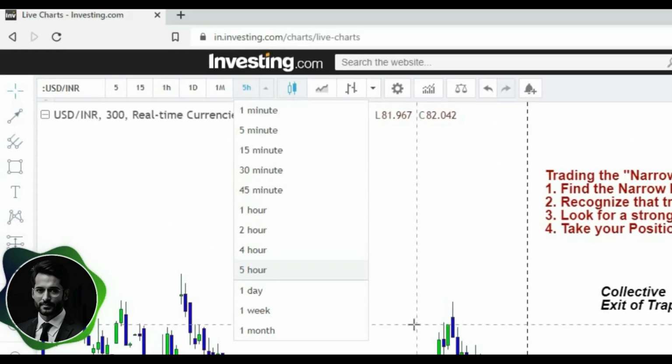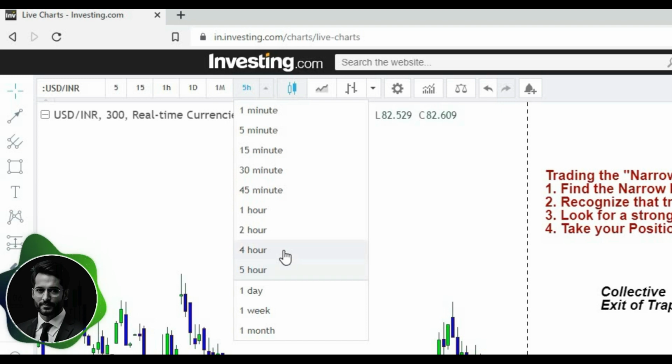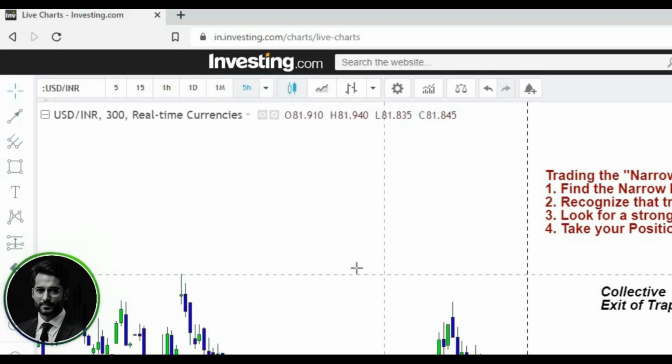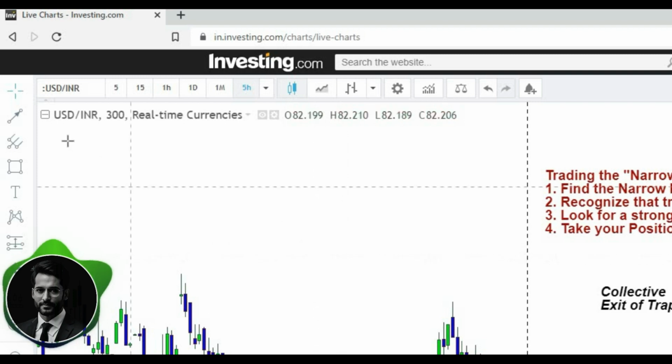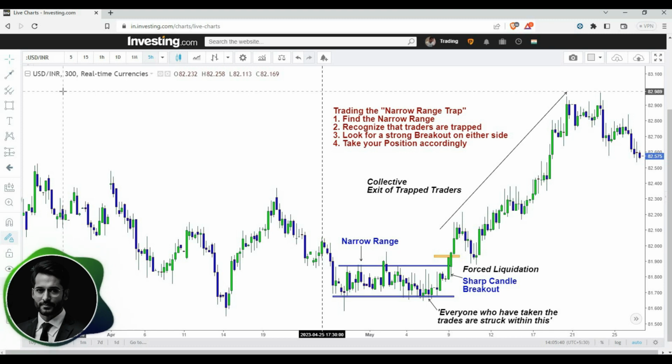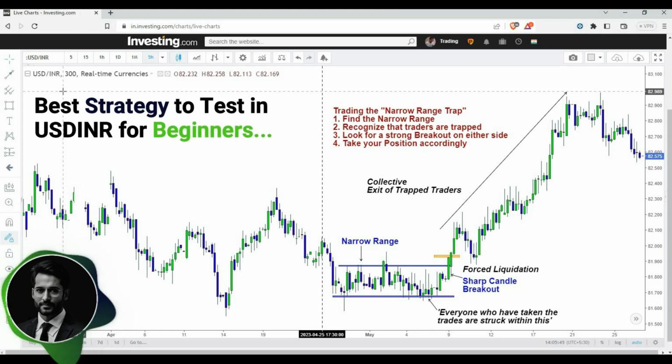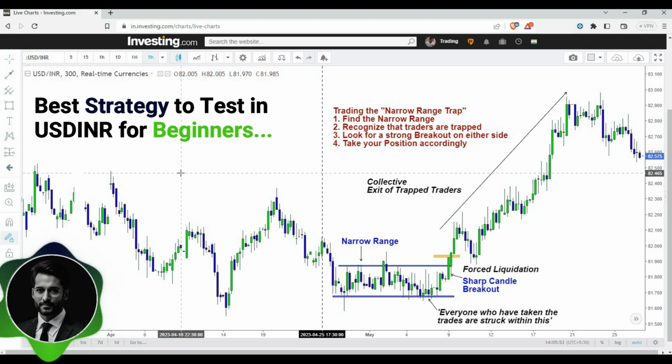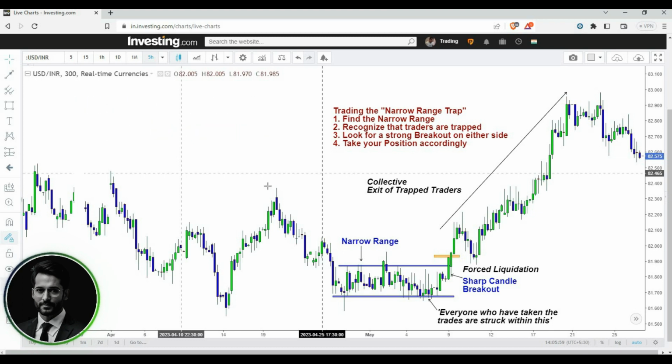Once again, this specific strategy can be used on the 4-hour, 5-hour, 2-hour time frame, even on the 1-day chart. But keep in mind, this is specifically reserved for USDINR. If you are trying to get started in currency pairs, and you're looking for a trading strategy for USDINR, or a very good instrument where you can make decent returns with limited risk, make sure to check out the USDINR currency pair and implement this strategy.